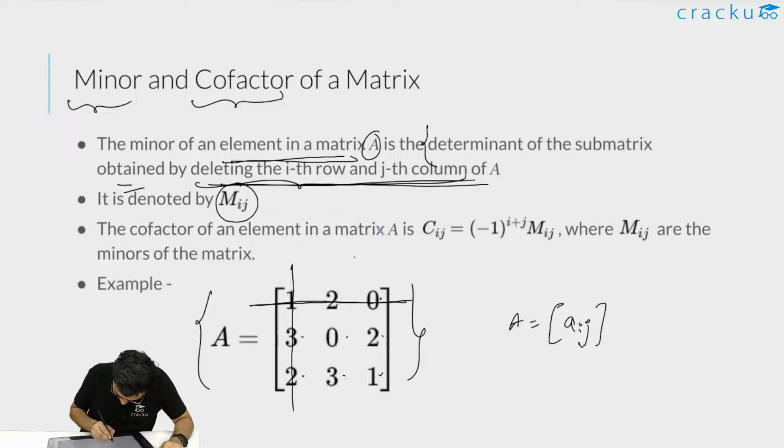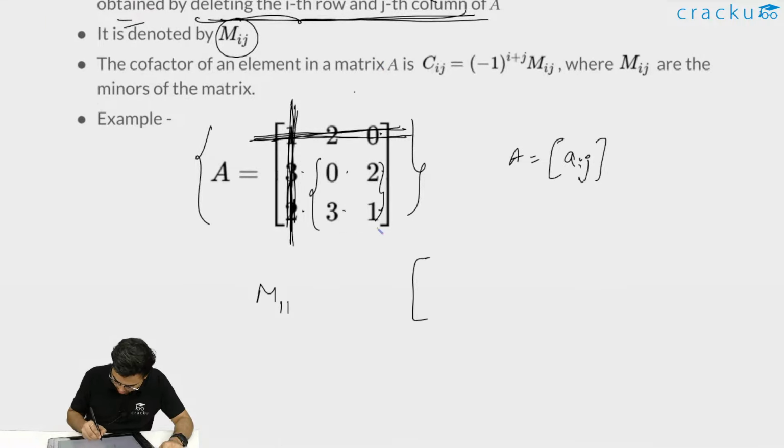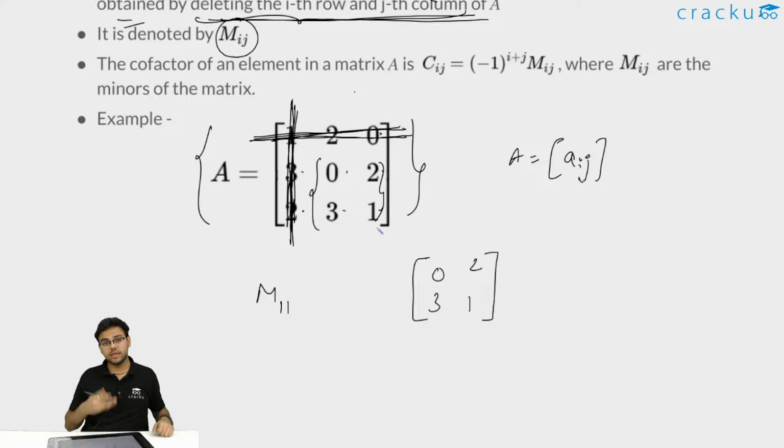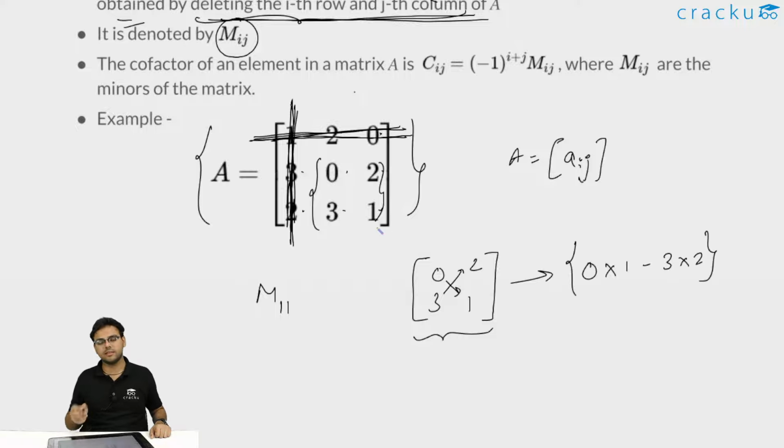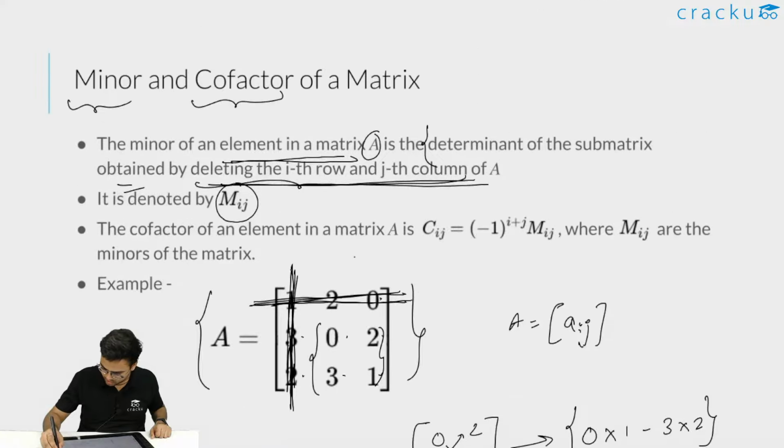This is the only thing which is left, that is, you're only left with 0, 1, 2 and 3. So this is basically a 2 cross 2 matrix. To calculate the determinant of a 2 cross 2 matrix, you cross multiply and subtract. So 0 into 1 minus 3 into 2. Let me move to the next slide before completing this.